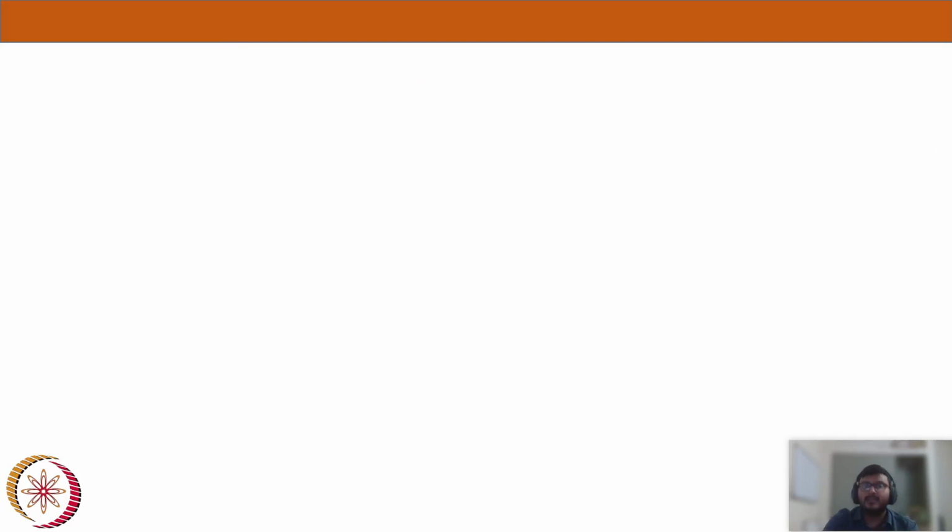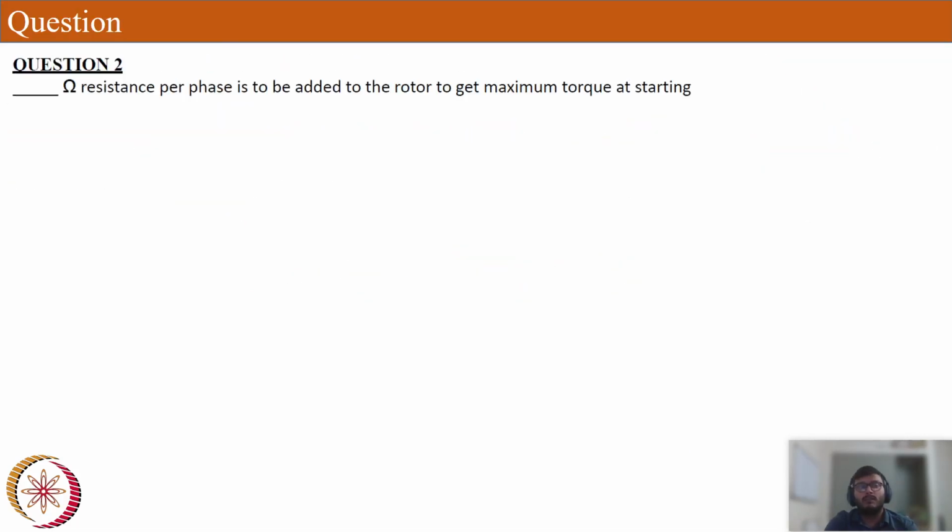Now with that information, we will go into the question. The condition is T maximum is equal to T starting. But at T starting, we know that S is equal to 1, right? But at T max, S is equal to alpha.